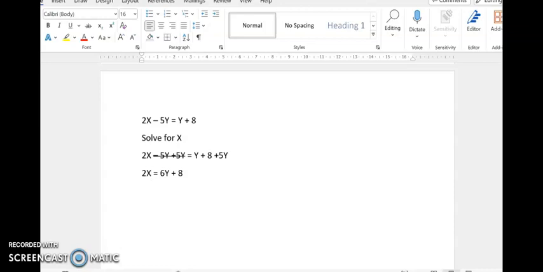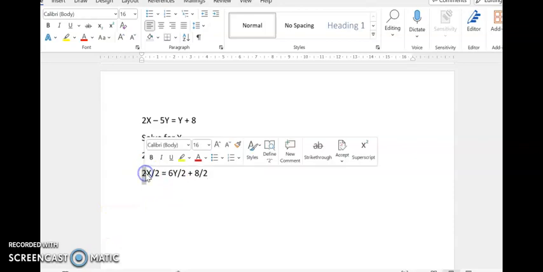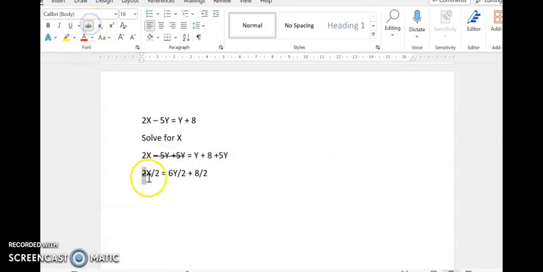Okay, so 2x, divide that by 2. Divide that by 2. Come over here. 6y, divide by 2. And the 8, divide by 2. So for the 2x, that 2 crosses out with this 2. 6, I'm going to bring that down first. That leaves me x on that side.